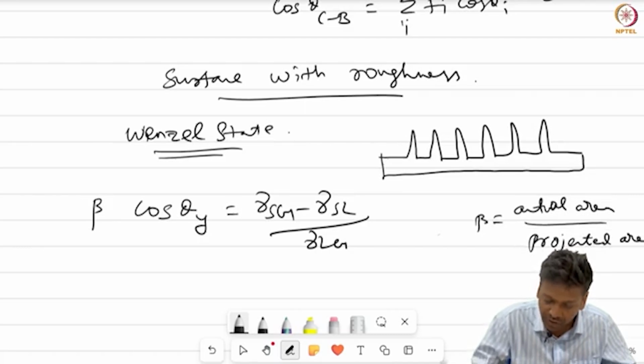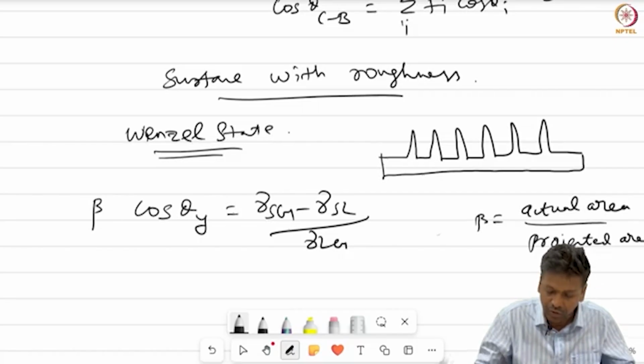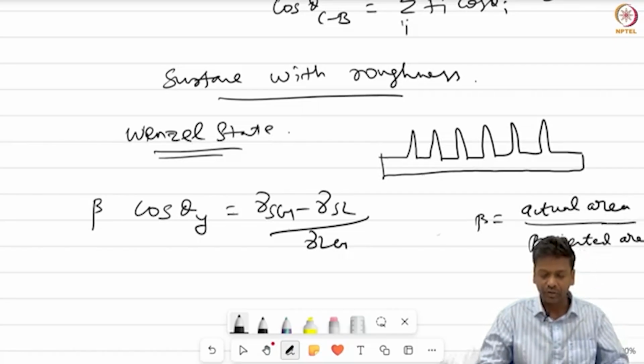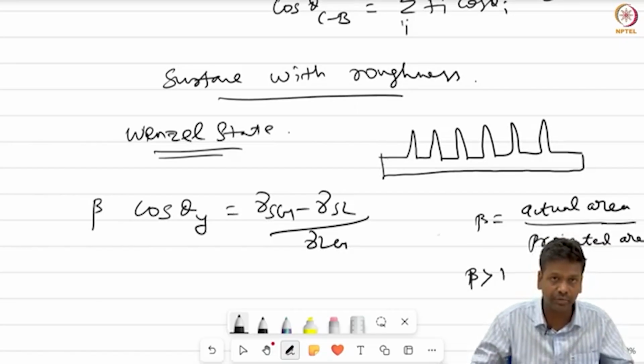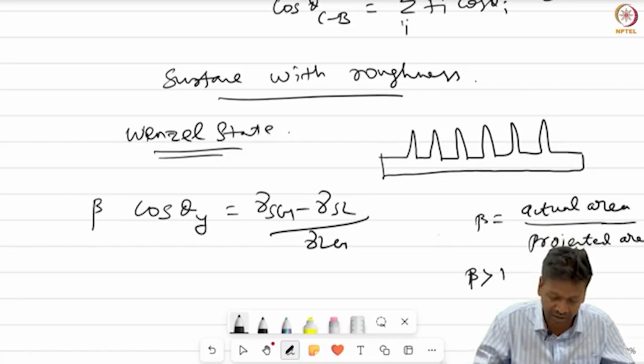Beta is always greater than 1 because the actual area, in the case of a surface with roughness, is higher than the projected area.